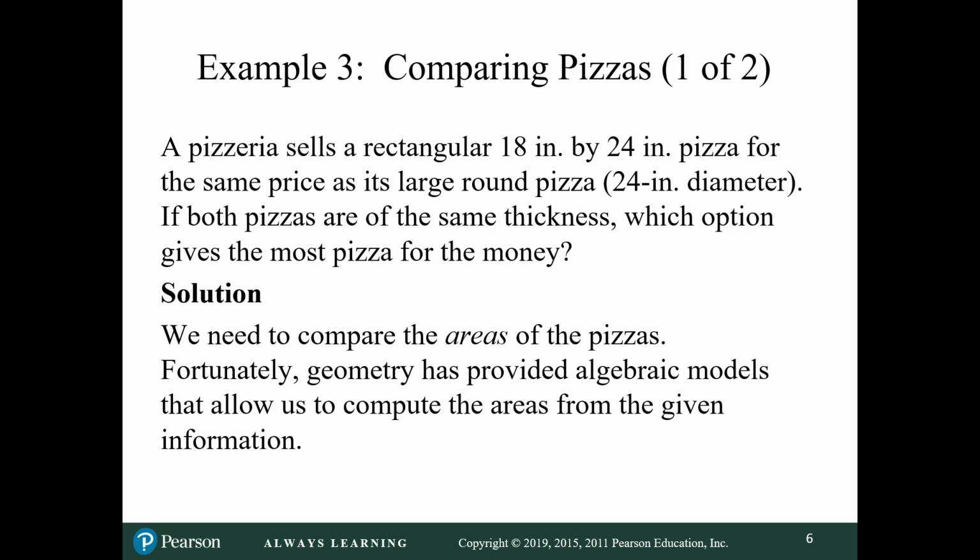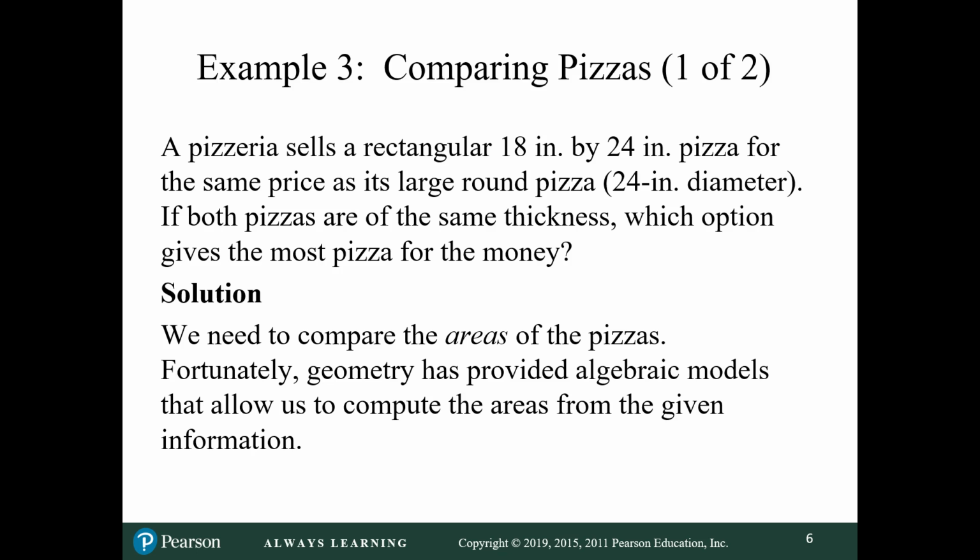432. Okay, how do we find the area of a round pizza with a 24-inch diameter? Now, area is pi r squared, right? Do they give you r? No, they give you the diameter. What's the radius? 12. So you take 12 squared times pi.